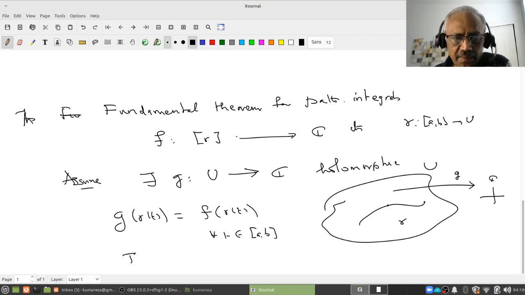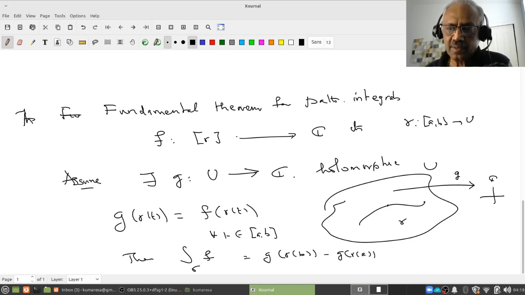Then what is it that I want to claim? Then the integral of f over gamma is g at gamma b minus g at gamma a. Therefore, if I have another path, sigma, this is sigma, and this is gamma.